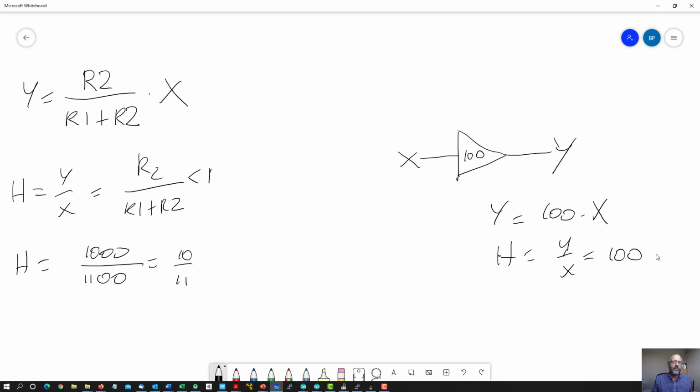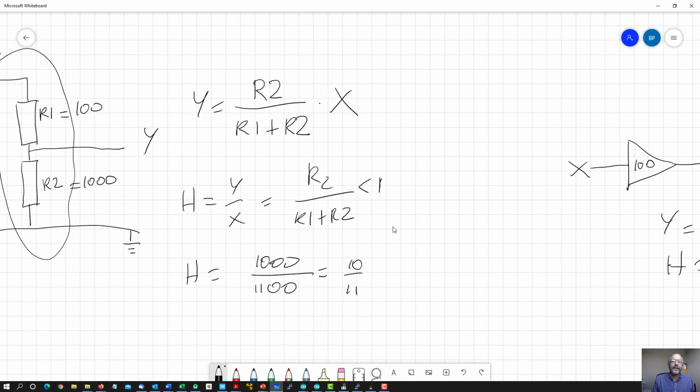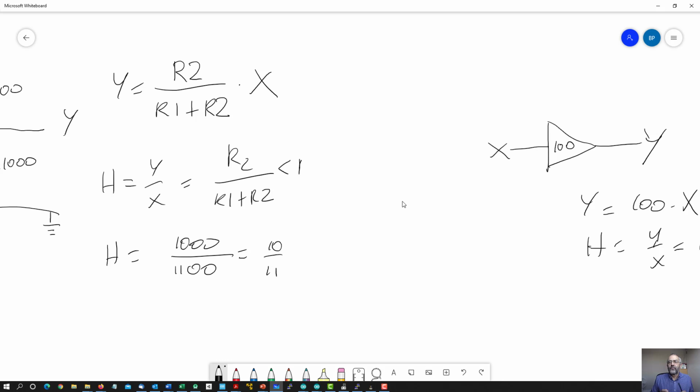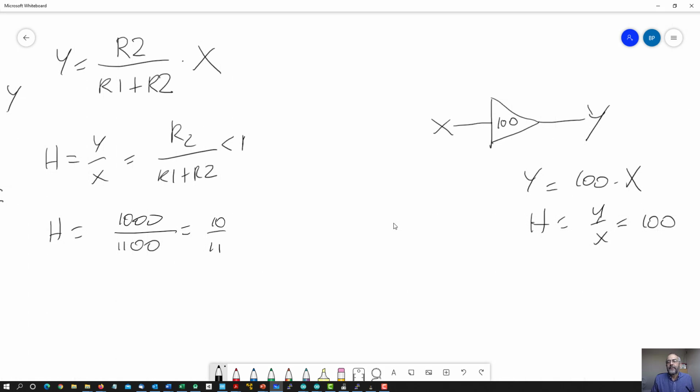But here, if we assume that both this voltage divider and this amplifier just change the output directly as a result of changing input, no delay or whatever, then it's very simple to calculate the transfer function.